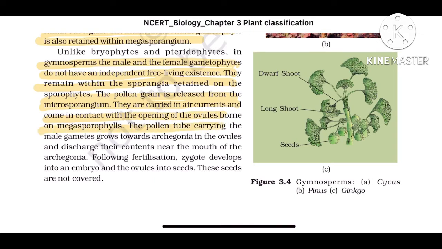The pollen tube carrying the male gametes grows towards archegonia in the ovules and discharges its contents near the mouth of archegonia. Following fertilization, the zygote develops into an embryo and the ovules into seeds. The seeds are not covered.